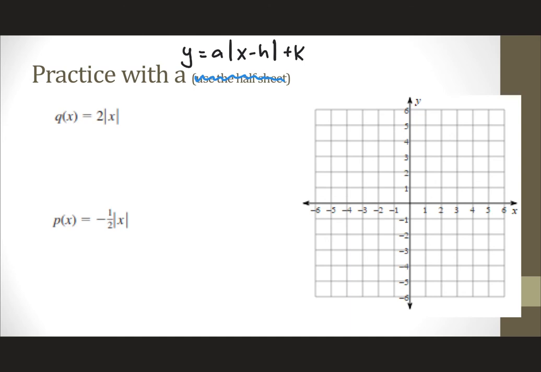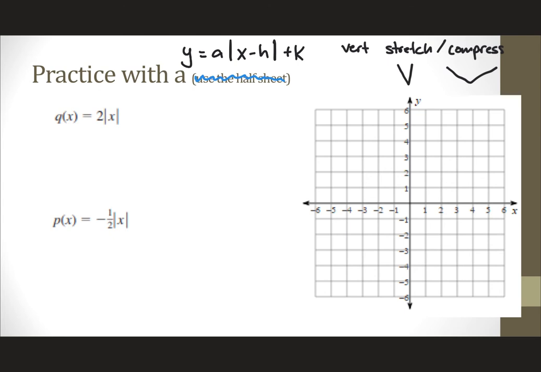First of all, it's a vertical stretch / compress. Okay? Vertical stretch and compression. Now, a stretch, like I said, is going to make the graph skinnier. It's going to make your V a very, very narrow V. A compression is going to make it a wide V.